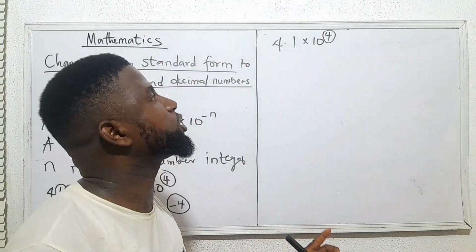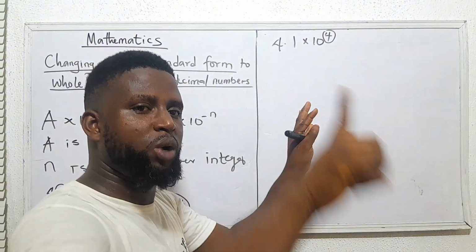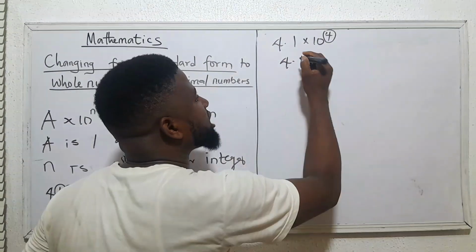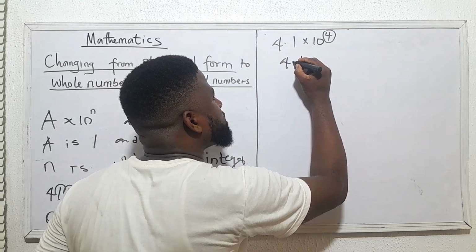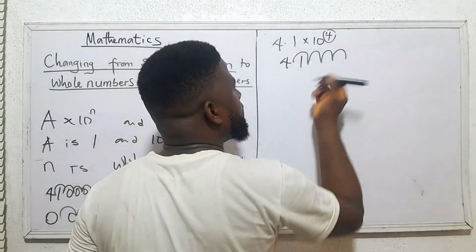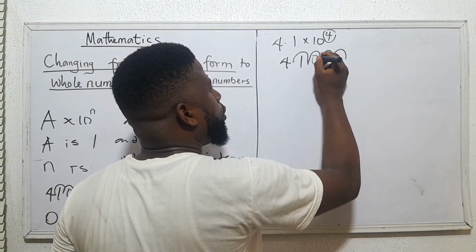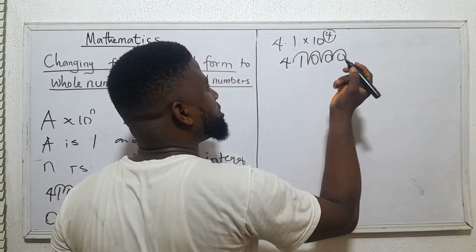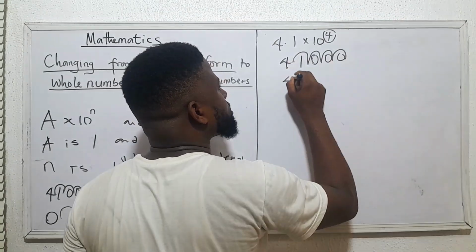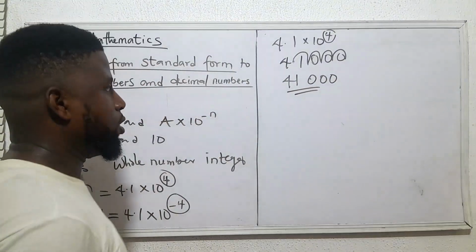It means that to change from standard form to whole number, the place of the decimal point will move forward. So I will have 4.1. The decimal point will move forward 1, 2, 3, 4, the number of n. We fix 0 into the empty spaces, and the decimal point has moved from this place to this place. This gives us 41,000, and this is our answer, right?